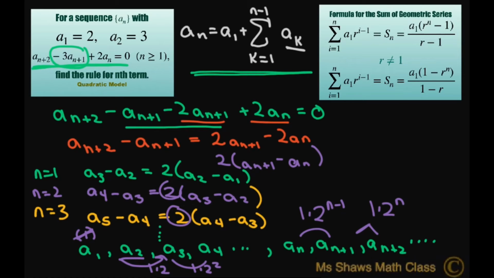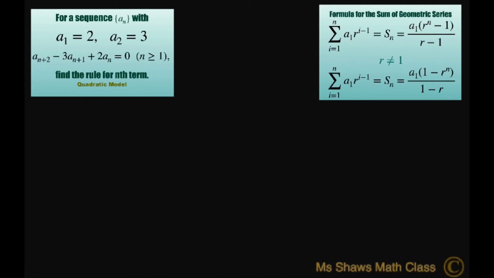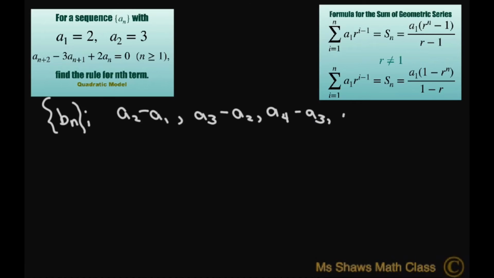So what I want to do is do a different sequence with b sub n. And I'm going to look at this part right here, this in here. And I'm going to look at these right here, and make my sequence b sub n as a sub 2 minus a sub 1, a sub 3 minus a sub 2, a sub 4 minus a sub 3, dot, dot, dot.